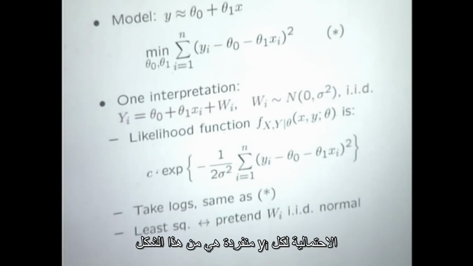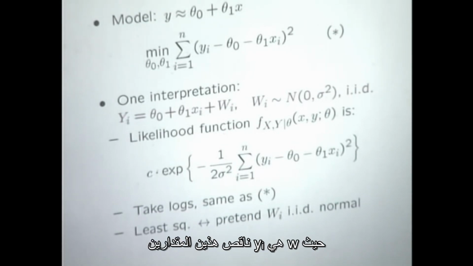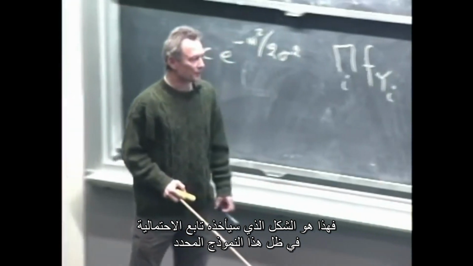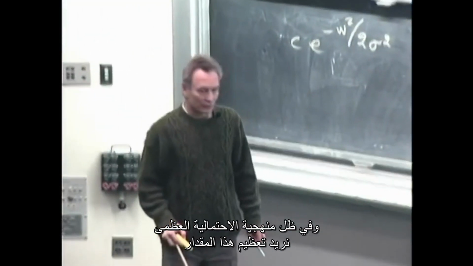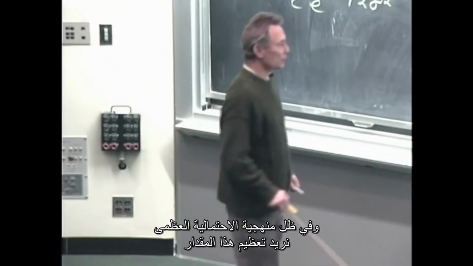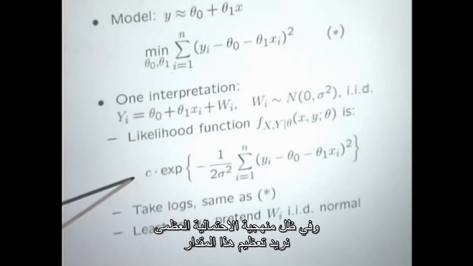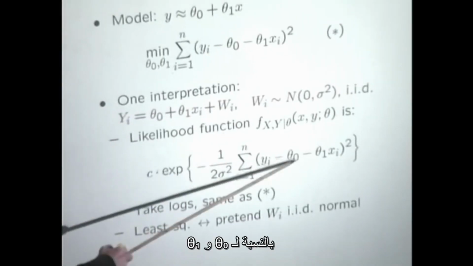The likelihood of every individual y is of this form, where w is y_i minus these two quantities. So this is the form that the likelihood function is going to take under this particular model. And under the maximum likelihood methodology, we want to maximize this quantity with respect to theta naught and theta 1.